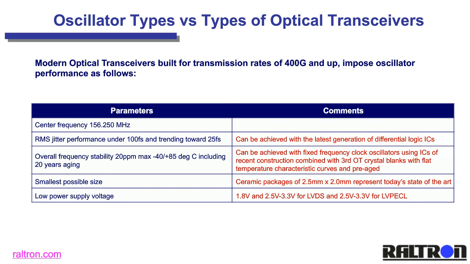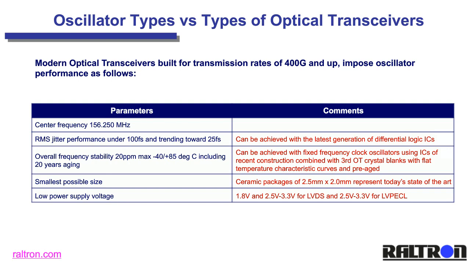So the RMS jitter performance, today what the industry is using right now are levels of jitter under 100 femtoseconds, typical 70, 80 femtoseconds.